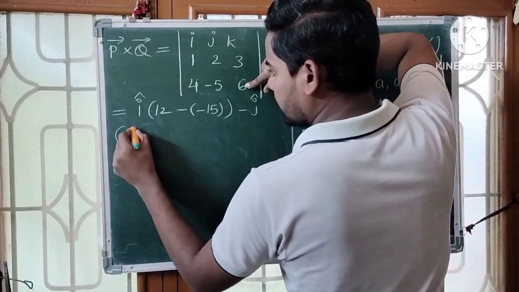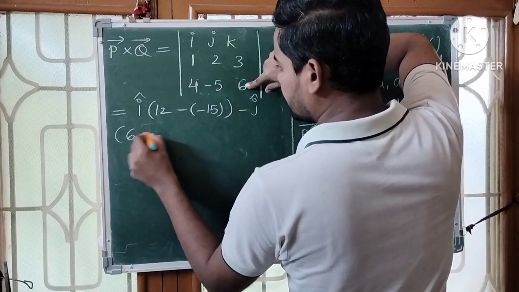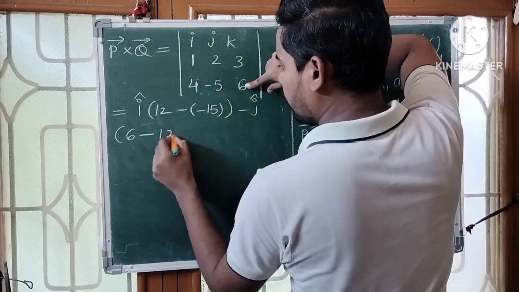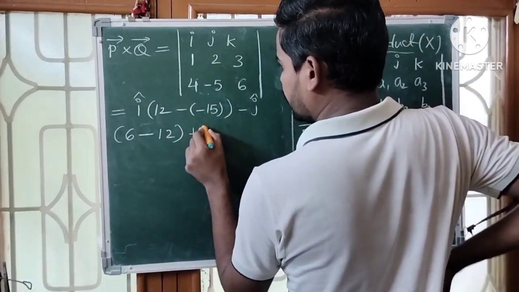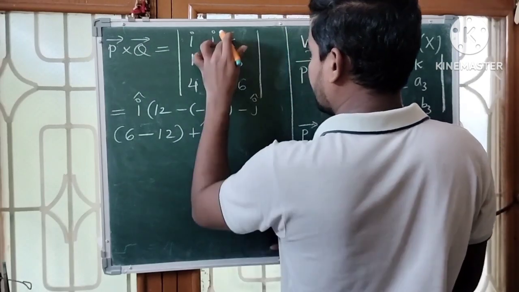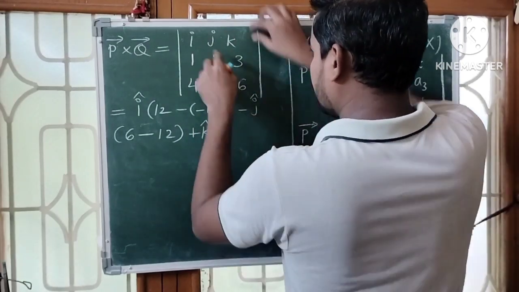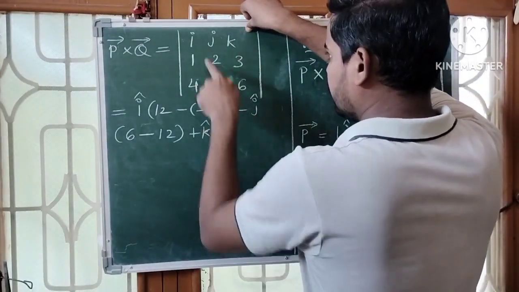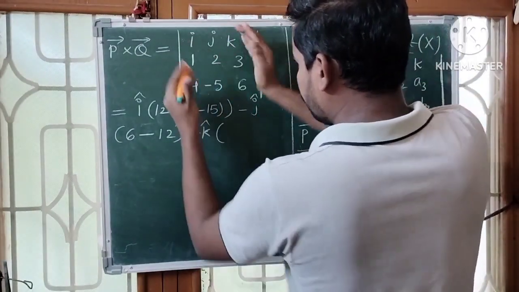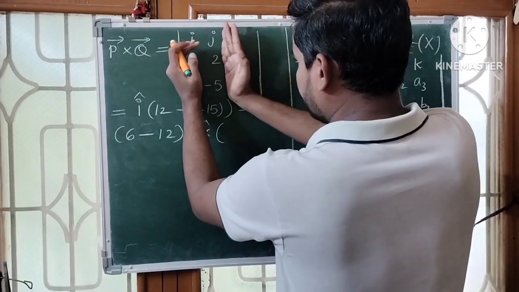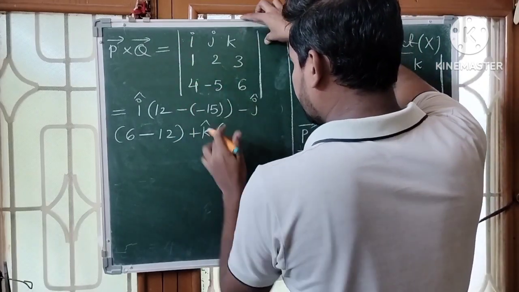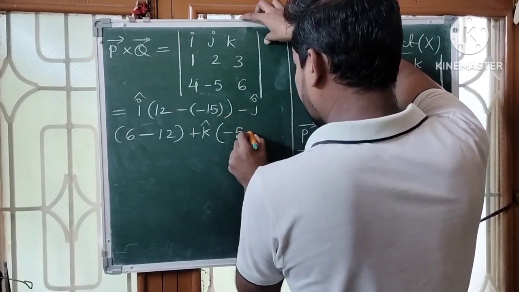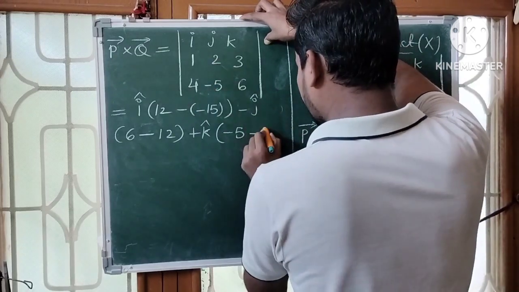1 into 6, 6, minus 4 into 3, 12, plus k cap into, eliminate first row and third column, and find determinant of this: 1 into minus 5 minus 2 into 4.